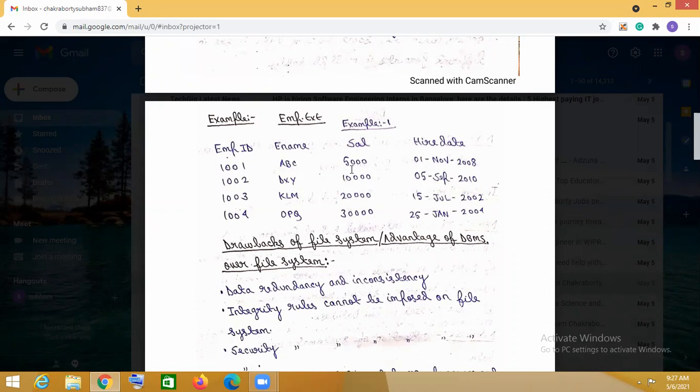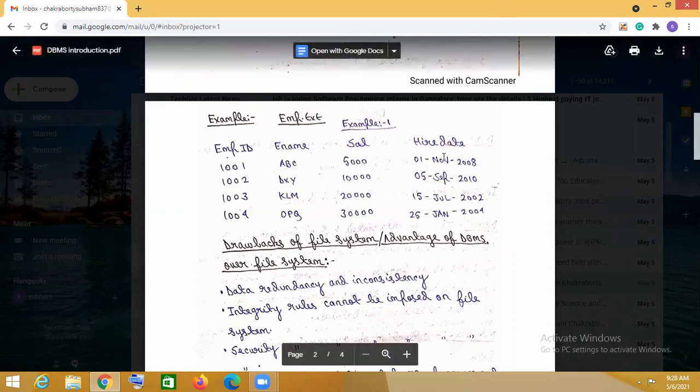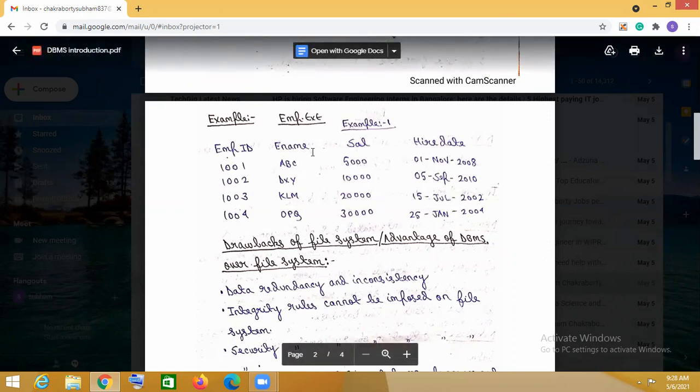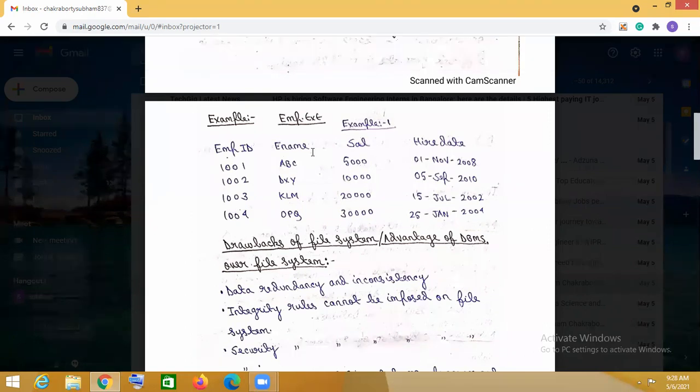Data inconsistency is the condition that occurs when the same piece of data exists in different formats in multiple tables. The data will be stored in multiple formats. So this is a problem in the case of the file system. Same piece of data means the tables are the same. This table is stored on the desktop, and it is stored in the documents also.